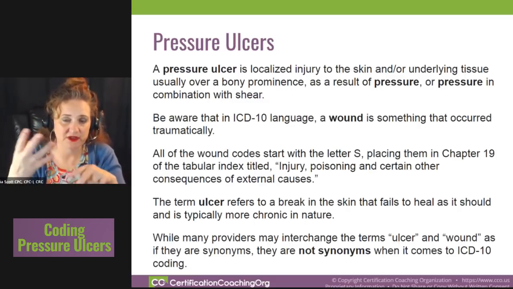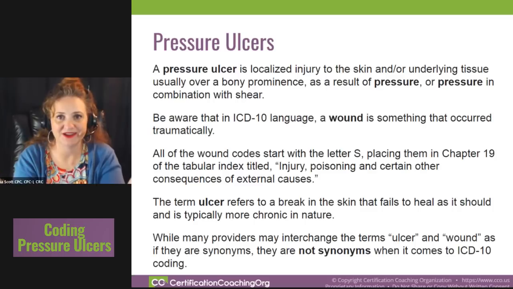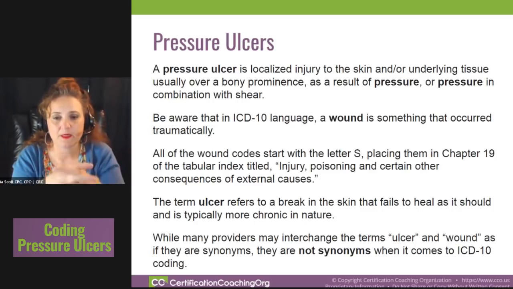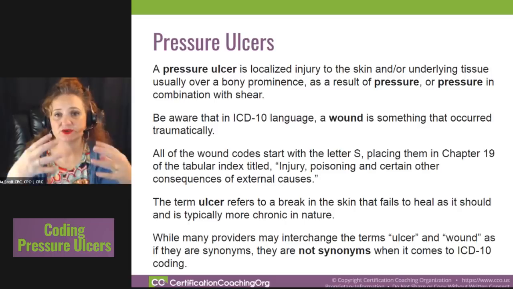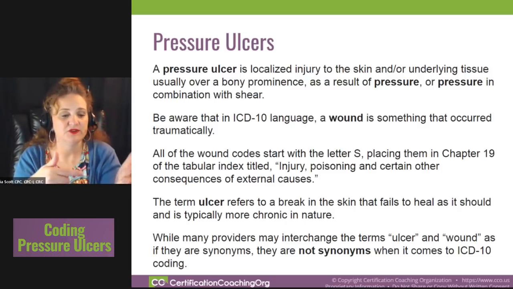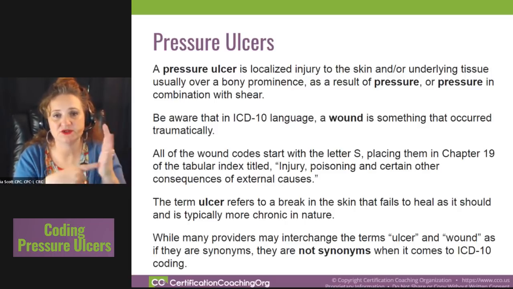The provider thinks a wound is a wound, right? Just about anything can be a wound. But actually, when we look at a wound, it occurs via something traumatically happening. So if you step on a nail, that's a traumatic injury, right? You stepped on a nail.